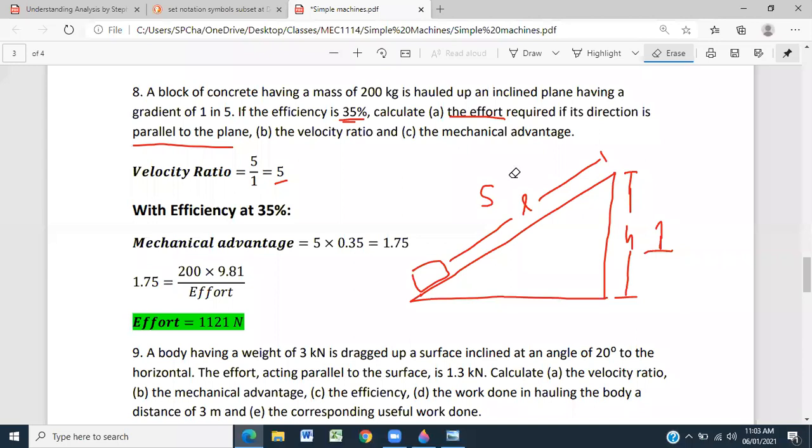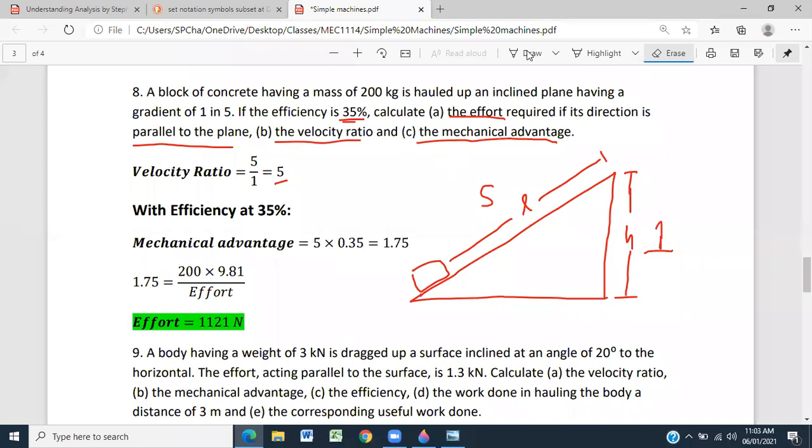Okay. So again, if we're going to find the effort, we might as well just find the mechanical advantage first, and then go on to the effort. So with efficiency at 35%, mechanical advantage should be 5 times 0.35.